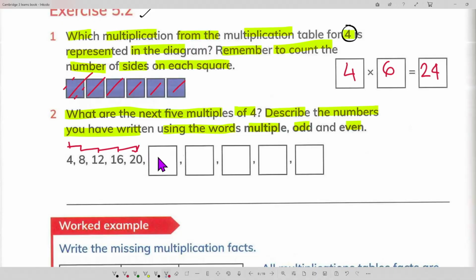So 4 times 6 is 24, 4 times 7 is 28, 4 times 8 is 32, 4 times 9 is 36, and 4 times 10 should be 40.